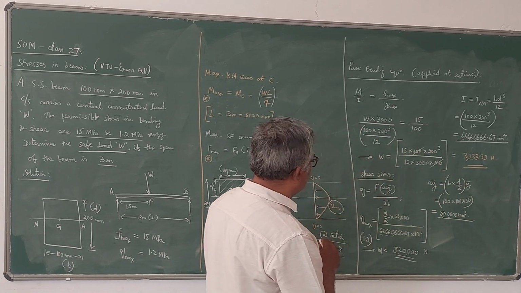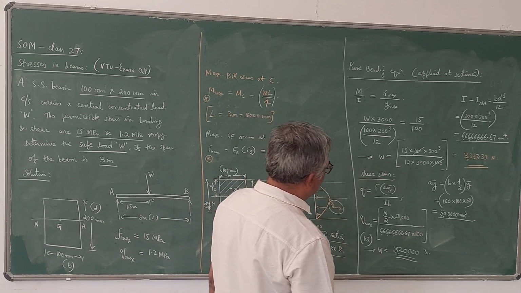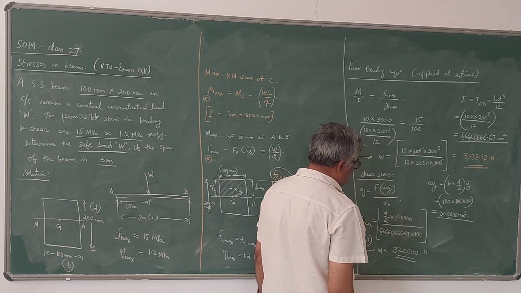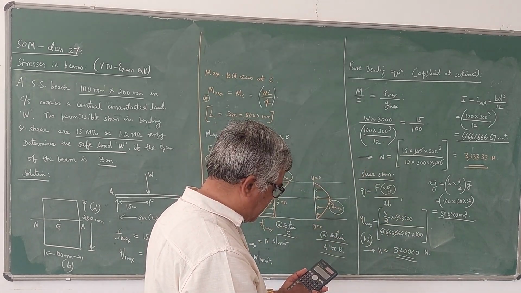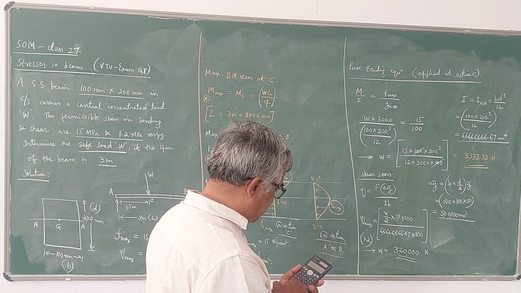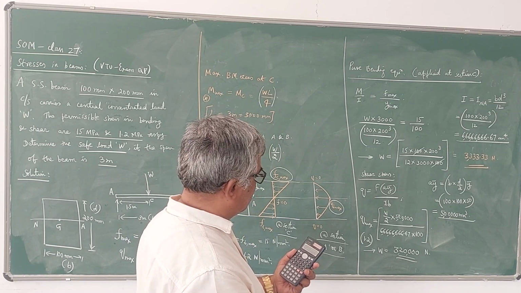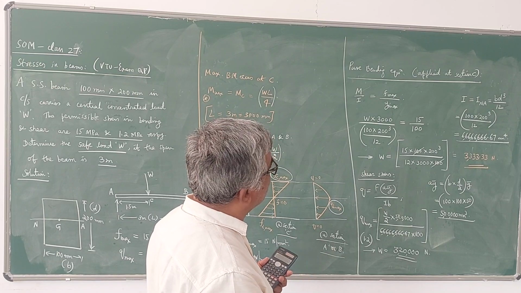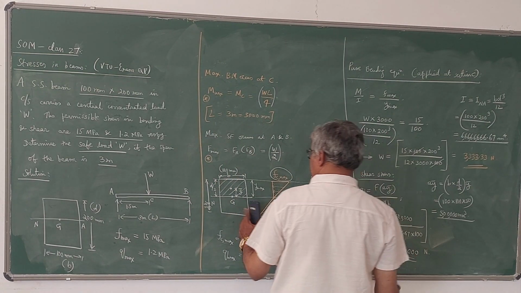W by 2 into 50 is 5 lakhs, divided by I value. Once again I will check I value: 100 into 200 cube divided by 12. So I into B, B is 100 only.